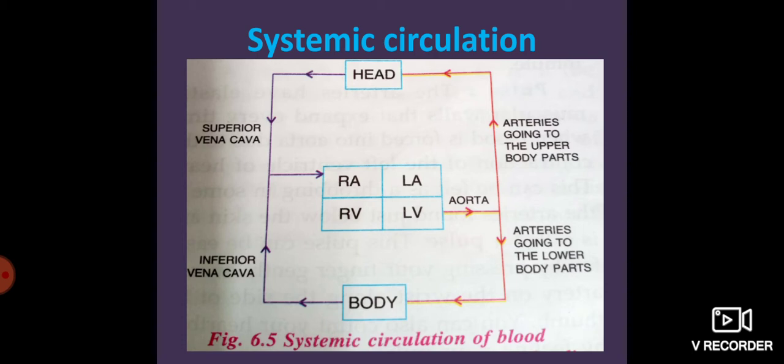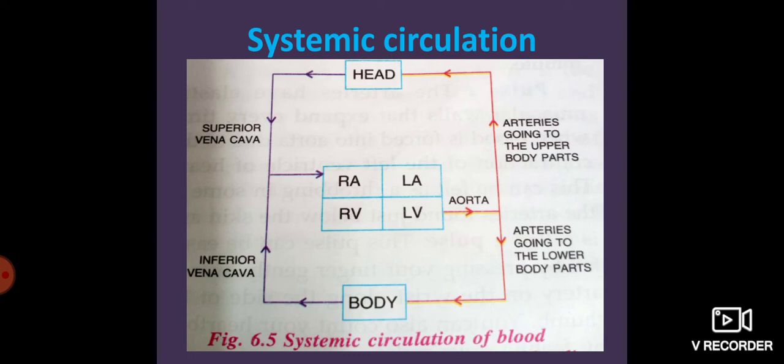That oxygenated blood is distributed to all parts of the body through the largest artery, called the aorta, except the lungs. From the left ventricle, oxygenated blood is distributed to different body parts except the lungs. This circulation of blood is called systemic circulation.